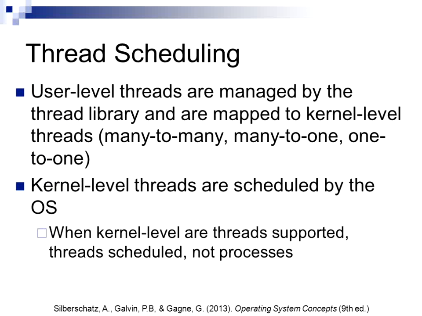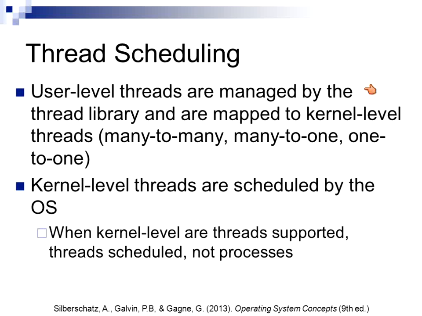Then, to complicate things even more, we have thread scheduling. Remember, we've been talking about threads, which are separate threads of execution within a process. User threads are what we think of as threads, because we're programmers who are usually writing using user level threads and the thread libraries. These are mapped to kernel level threads, and the kernel level threads are what get scheduled by the operating system.